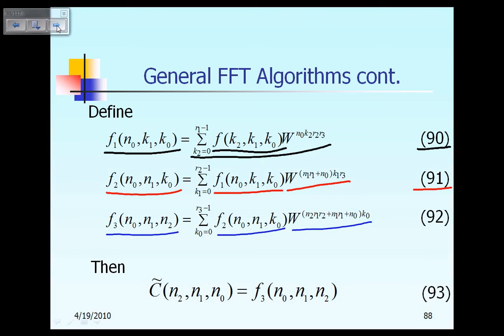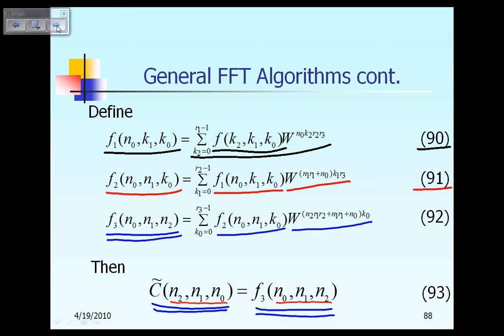And like I told you before, the intermediate vector F3 basically gives you the unknown vector C tilde, except the order is different, because in F3 the order is N0, N1, N2, whereas in the unknown vector C tilde, the order is N2, N1, N0.